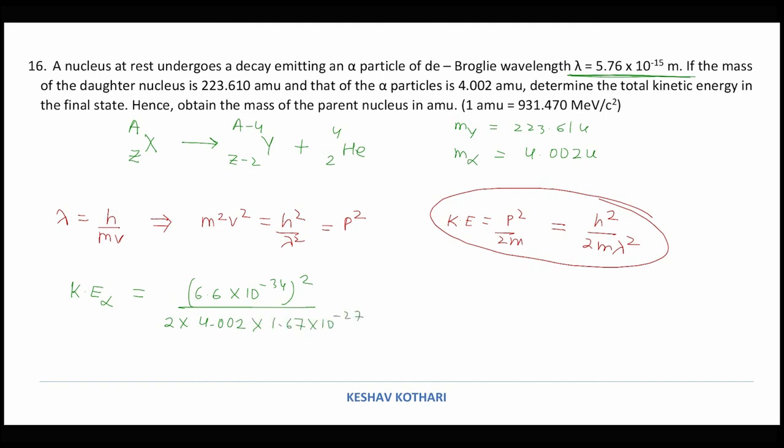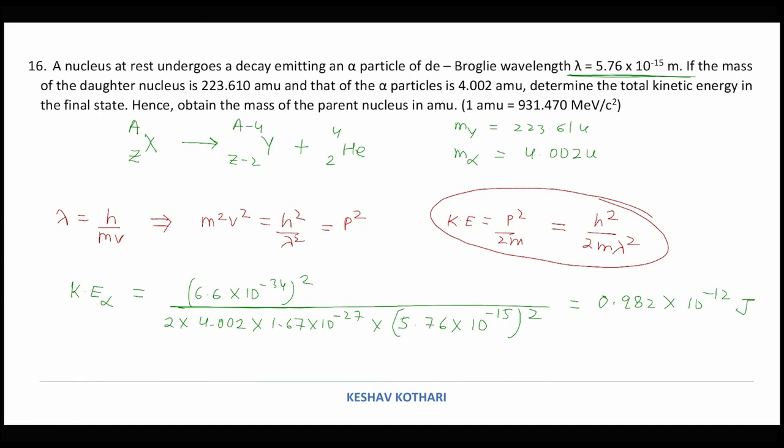And then there is lambda square, so for lambda square we are putting 5.76 × 10^-15 whole square. This is the number we divide with to obtain the kinetic energy for the alpha particle. On solving, we obtain this value equal to 0.982 × 10^-12.